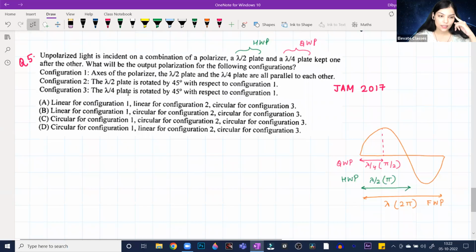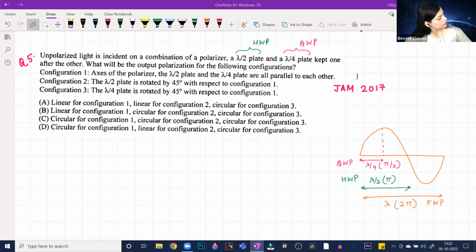Here the configuration is changed in 3 ways. So try changing that and tell the answer. Many people have answered. Let me check the option number. My answer is different actually from everybody.